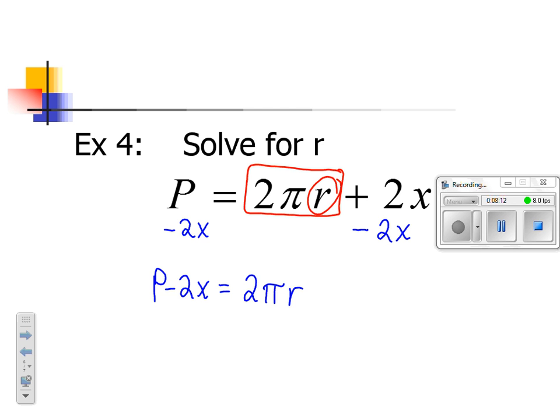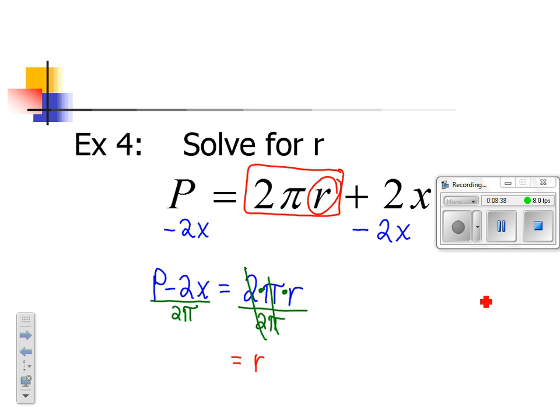Now again, back in that slide, way back in the beginning, we had 2 pi r before. And we talked about how they're all being multiplied because you don't see that sign. And the opposite of multiplying is dividing. So you're going to divide every side by 2 pi. The 2 pi's are going to cancel. You're going to be left with r equals.